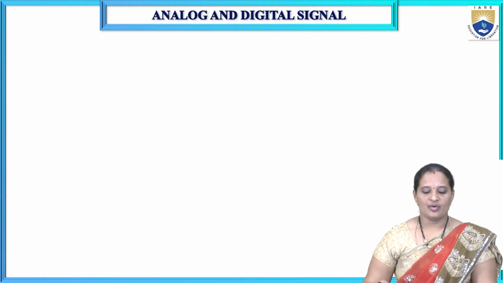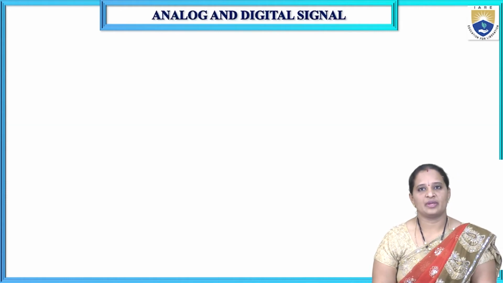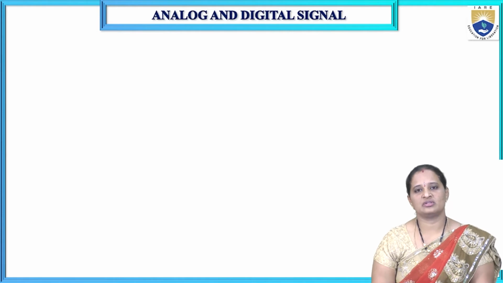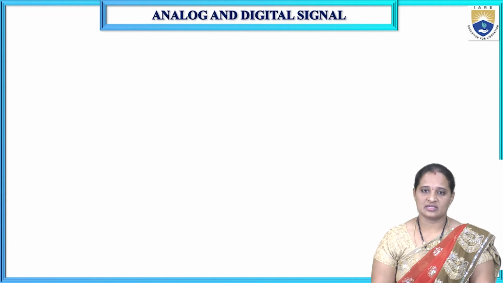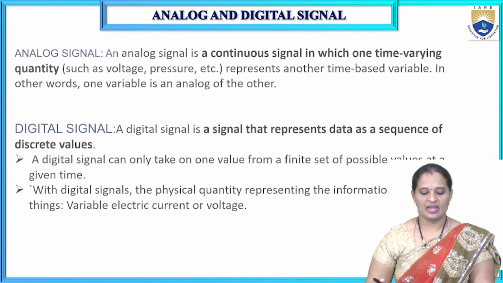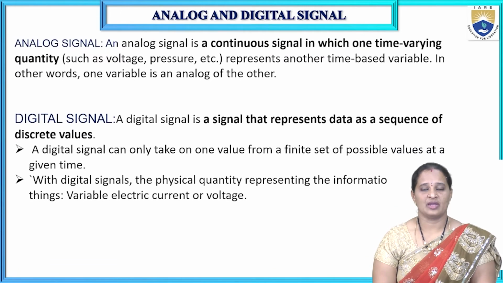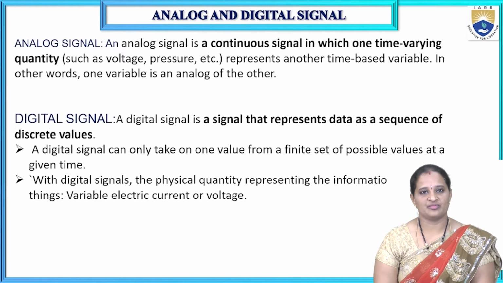Again, we can classify signals into two types. What are the two types of signals? Those are analog signals and digital signals. So what do you mean by analog signal and digital signal? An analog signal is a continuous signal in which the time varying quantity represents another time based variable.